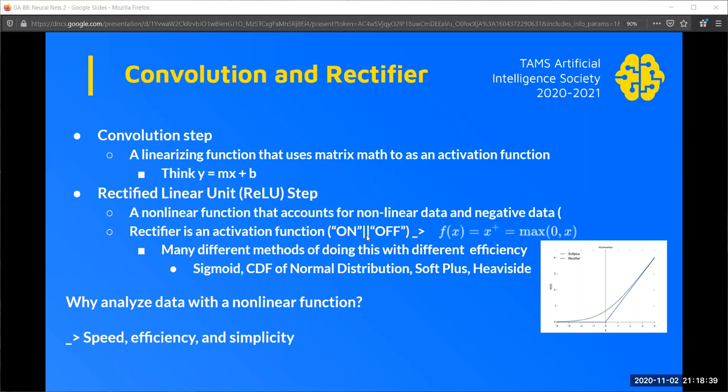One way to think of this is like an error with a for loop that just continues to go on. I forgot the specific name, I'm too tired right now. But if you don't have an end to your for loop and it just continuously goes on, you're going to get errors in your code. Think of this like that. So that's why you have a rectifier for your convolution step.